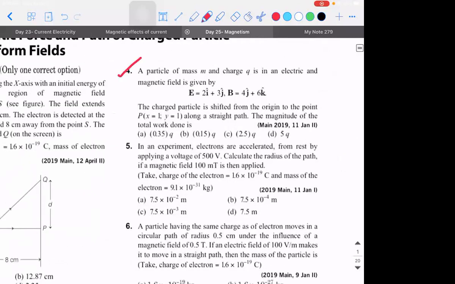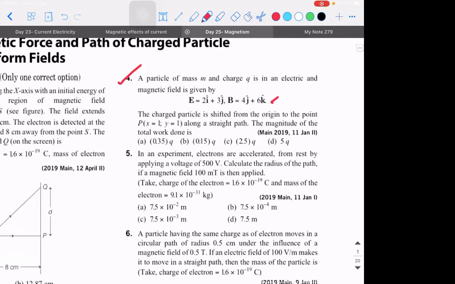Fourth one. A particle of mass m and charge q is in an electric and magnetic field given by this expression. The charged particle is shifted from origin to a point x is equal to 1, y is equal to 1 along a straight line. The magnitude of the total work done is.